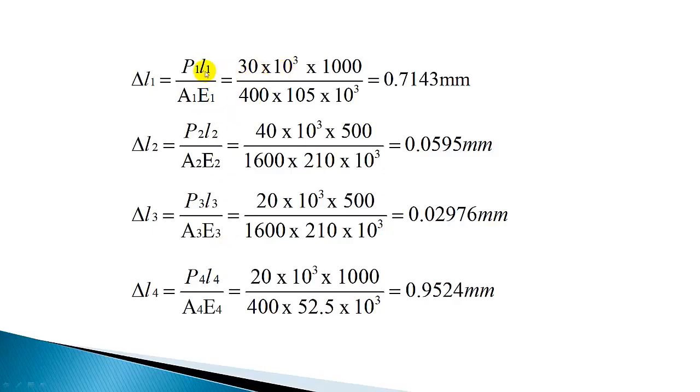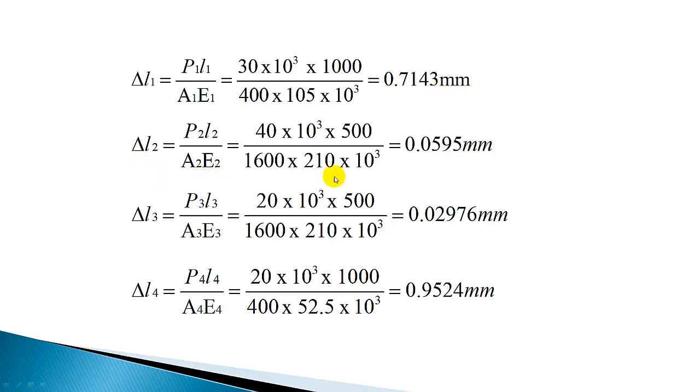Now you can substitute: P1 is 30 kilonewton, that is 30 into 10 raised to 3 Newton, L1 is 1000 mm, A1 is 400 mm square, and Young's modulus is 105 gigapascal, which is 105 into 10 raised to 3 Newton per mm square. So which will give 0.7143 mm.